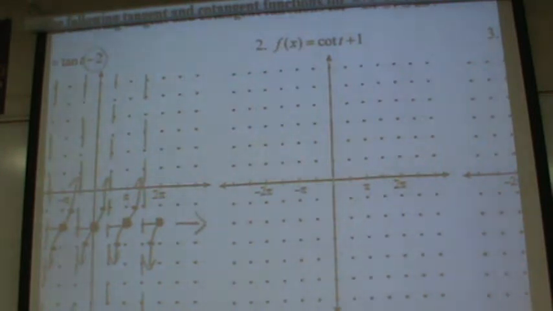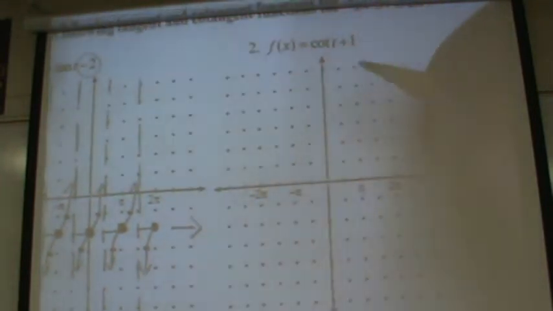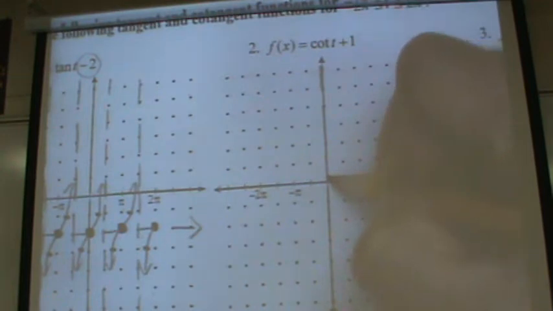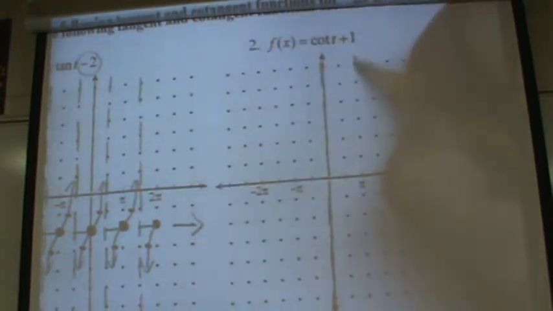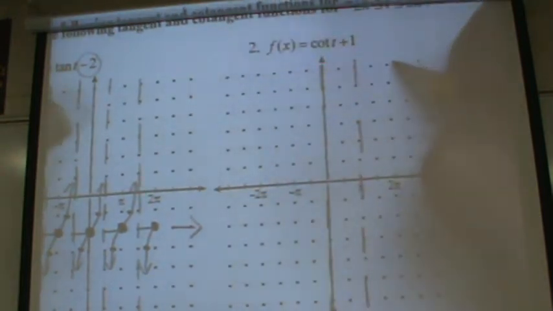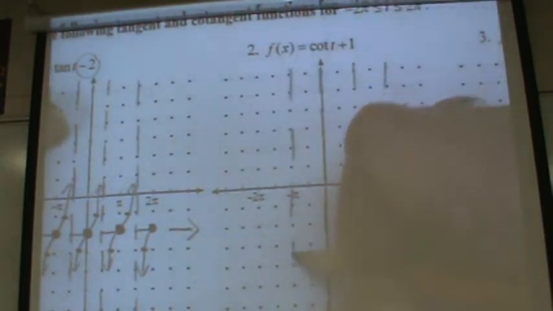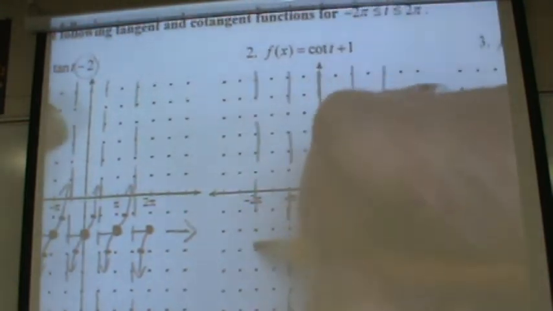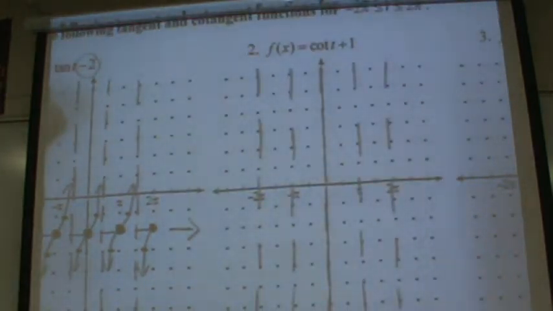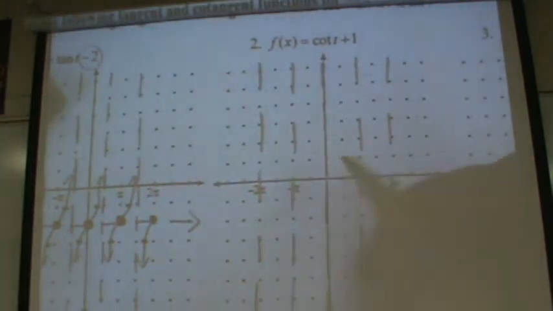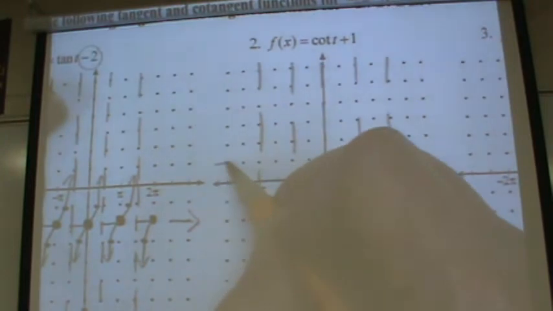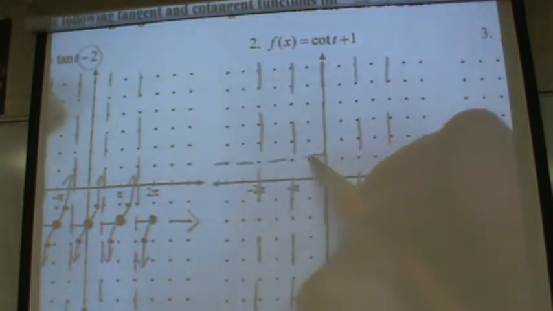Where are the asymptotes for cotangent? 0. So let's put them in. I always start there, 0, pi, 2 pi. Now, where's your new x-axis? 1 unit up.